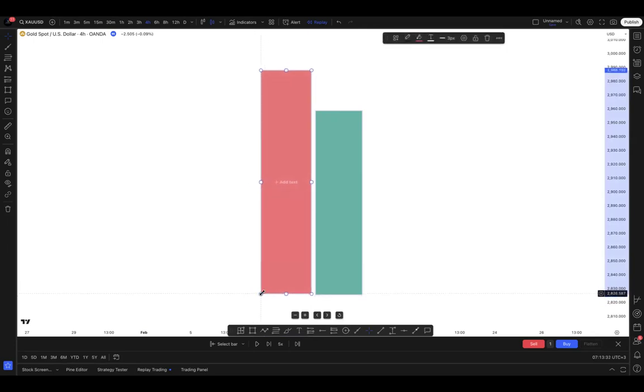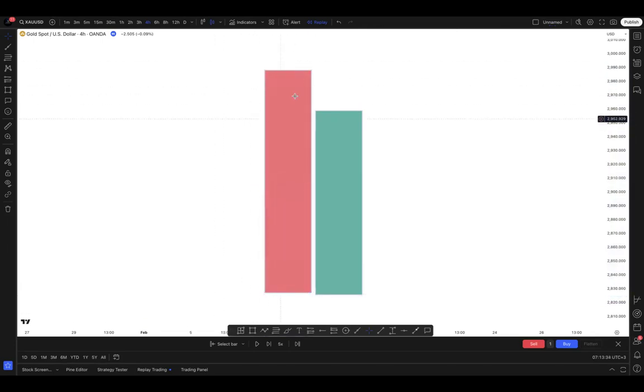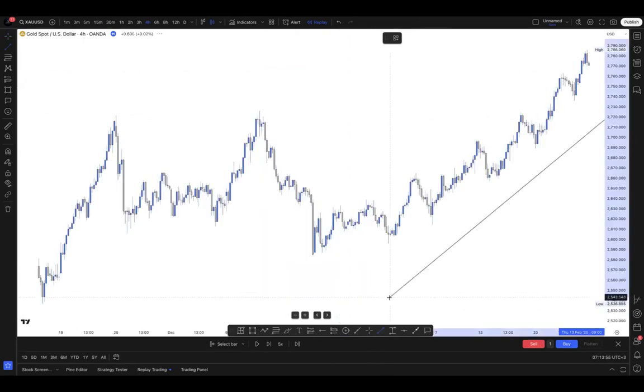You can see this is a very big bearish candle, then this is a small bullish candle that has at least maybe a wick altogether. Why did it go back?